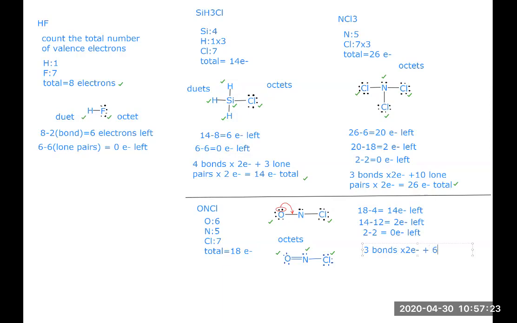We have 6 lone pairs times 2 electrons each. So 6 lone pairs times 2 electrons each is 12, plus 3 times 2 is 6, 12 plus 6 is 18. So we have 18 electrons total. And that's the correct number. So we can check here that it is correct. And so that's the structure for ONCl.